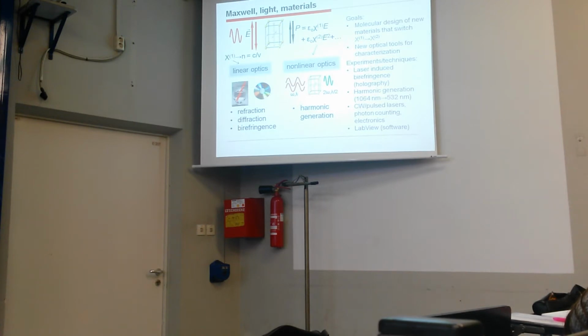They learn how to convert colors with harmonic generation. And then there are practical skills: electronics, photon counting, software. You learn how to use LabVIEW to make experiments work. And the best part, you know about LabVIEW? I don't like it, but I have to use it because it's taking over the world, unfortunately, in the lab.